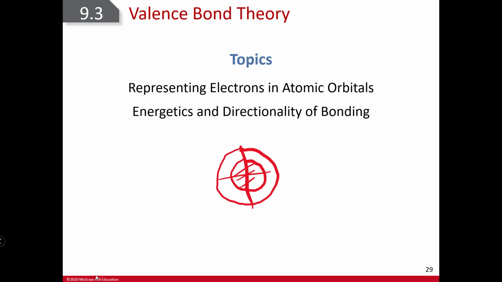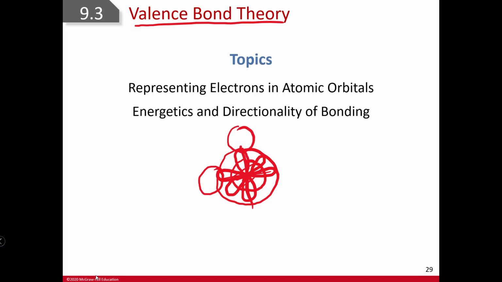And the 2p goes out along these axes like this. In section 3, it's called valence bond theory.